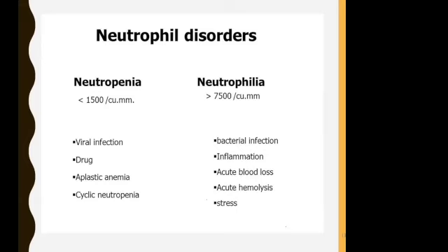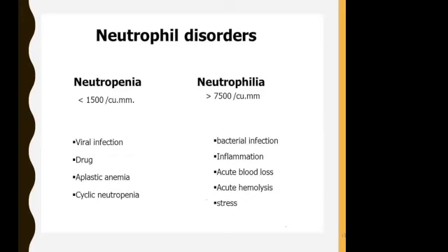On the other hand, neutropenia, where you have a low count of neutrophils, we see with a variety of causes. We can see it in infections, especially viral infections, because here the neutrophils are not really the ones in charge of taking over the viral infections.